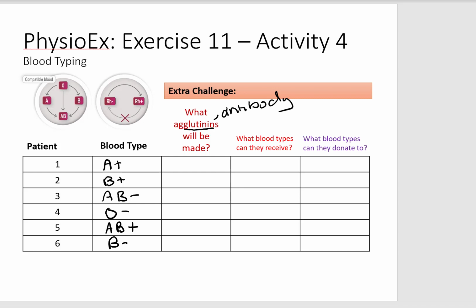What antibodies would this A positive person make? They would make anti-B. Good. And the B positive person, they would make anti-A. What about the AB negative person? What antibody would we find in their plasma?